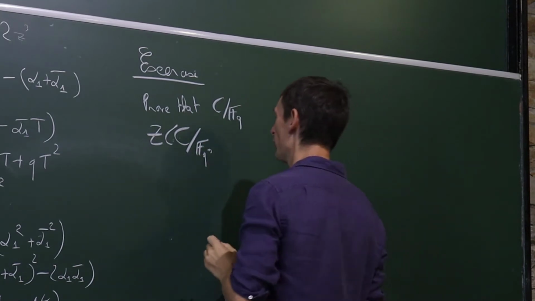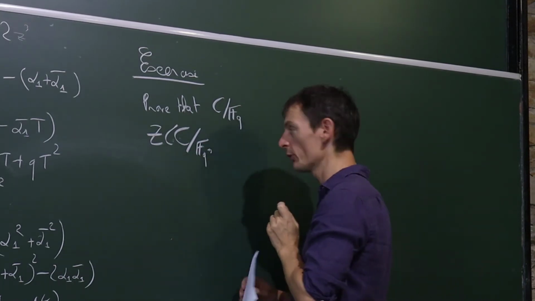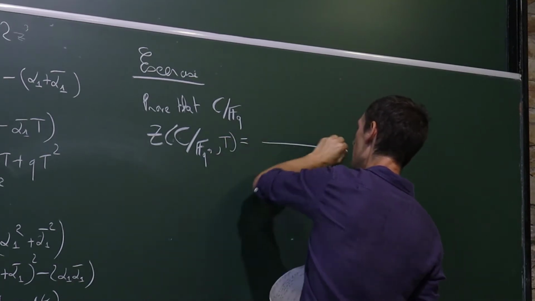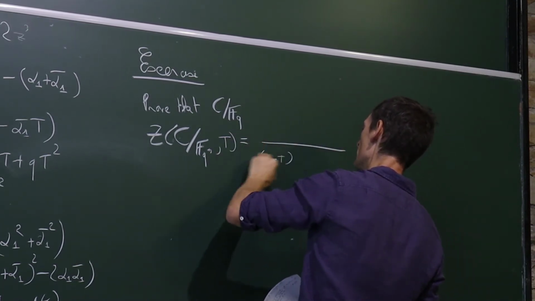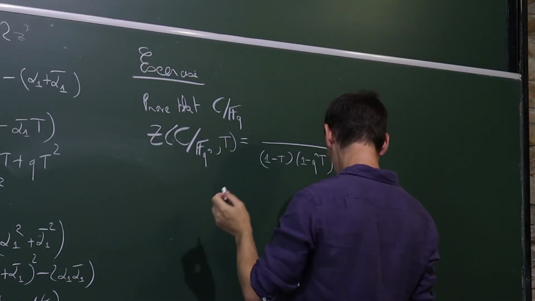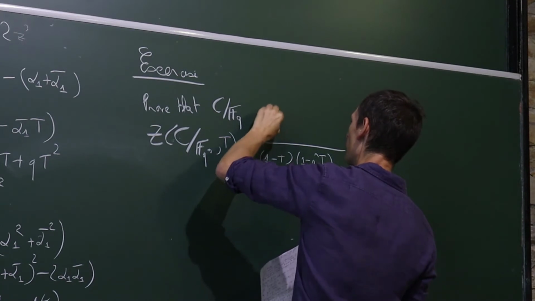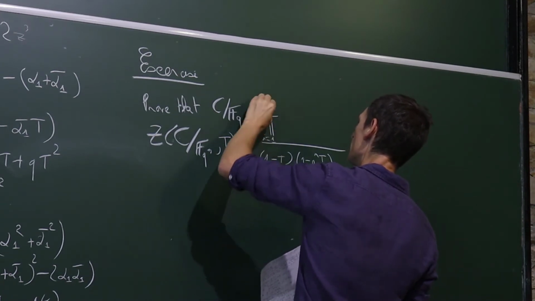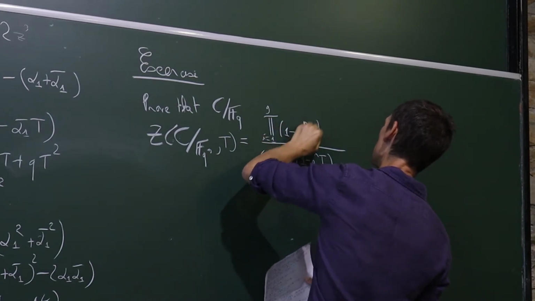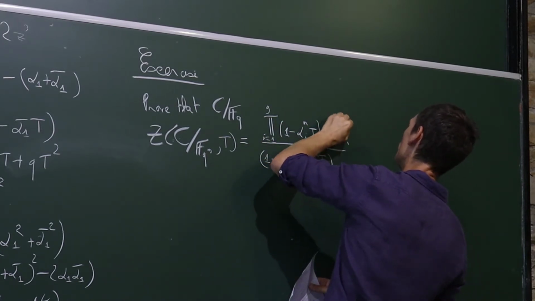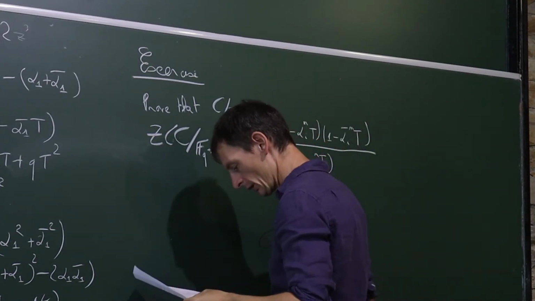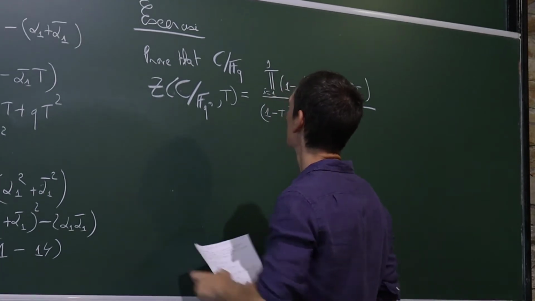And now you would like to see the zeta function of the curve but seen over an extension of degree n in T. That this is going to be 1 minus T, 1 minus q to the n T. And here what you have to do is replace this by the product from i equals 1 to g of 1 minus alpha i to the n T, 1 minus alpha i bar to the n T. I leave it to you as an exercise.